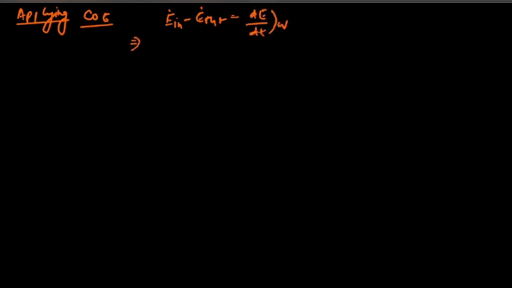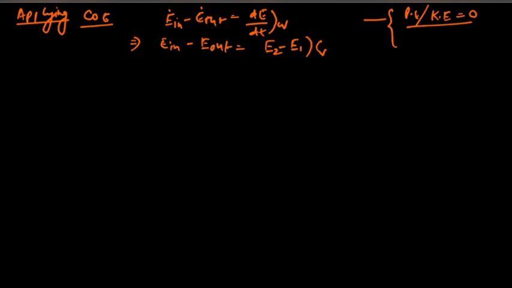For a definite period of time delta t, this will be E in minus E out equals E2 minus E1 for the control volume.